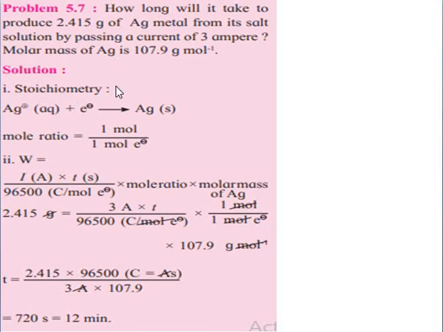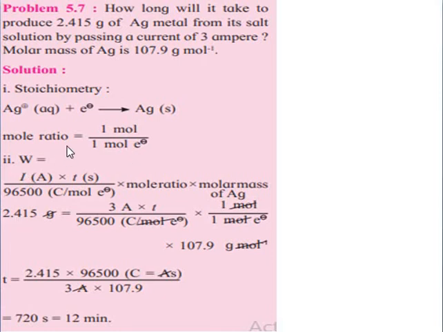Solution: in the stoichiometric equation, silver gains one electron and forms silver as a solid, and this is a reduction reaction. Therefore, the mole ratio equals the number of moles of product formed in the half reaction divided by the number of electrons required in the half reaction. Here the product formed is 1 mole and the electrons required are also 1 mole.